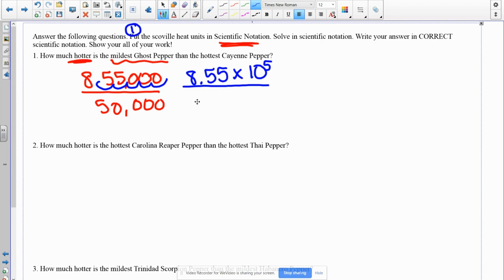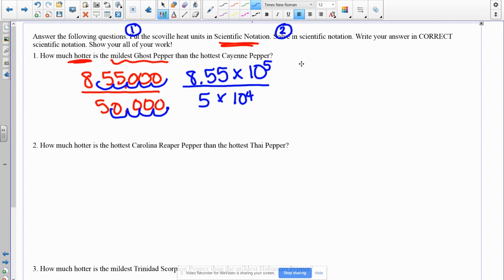I'm going to divide that by 5 times 10 to the 4th. So when dividing in scientific notation, which is your second verb here, we're going to actually divide out.